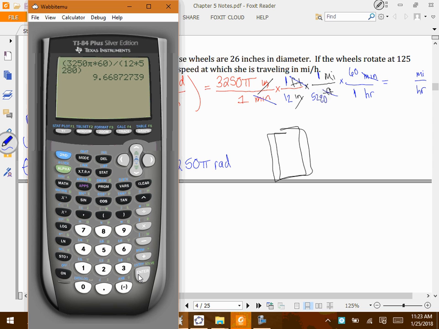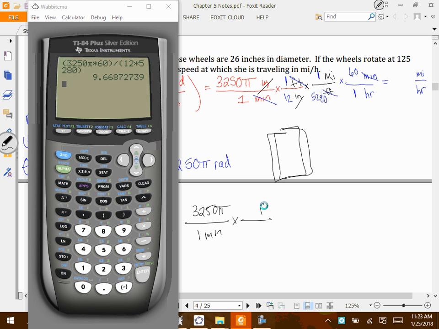Now I did mention, let me just write this real quick. If I go 3250 pi over 1 minute, now I could have also said, we had feet and inches here, right? Those were our units. Could I have said that for every 1 inch, we have 0.08333 repeating feet?